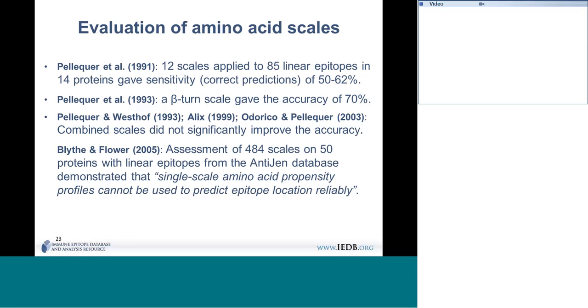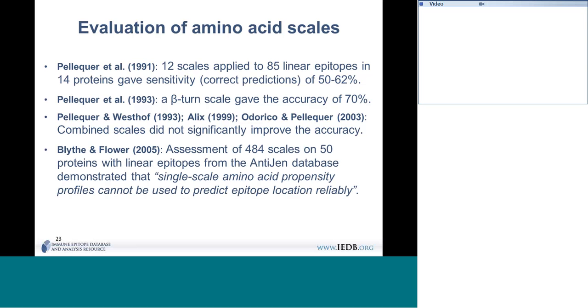And then there was a paper where about 500 different amino acid scales were evaluated on 50 proteins, using peptides from the antigen database. And the authors demonstrated that single-scale amino acid propensity profiles cannot be used to predict epitope location reliably.